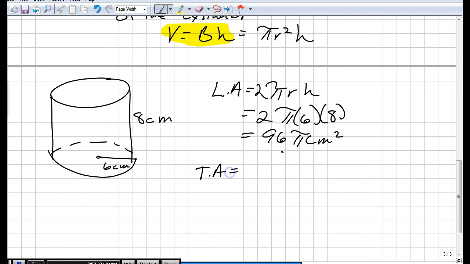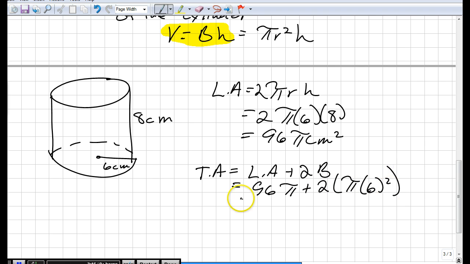Total area is lateral area plus 2 times the base area. So 96 pi plus 2 pi r squared, which gives us 96 pi plus 72 pi, or 168 pi centimeters squared.